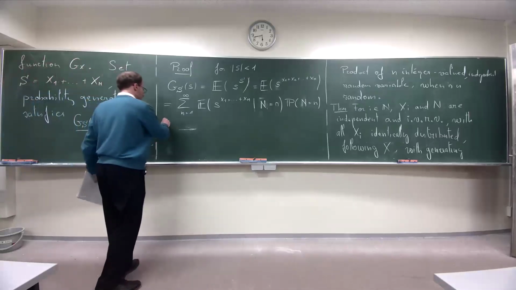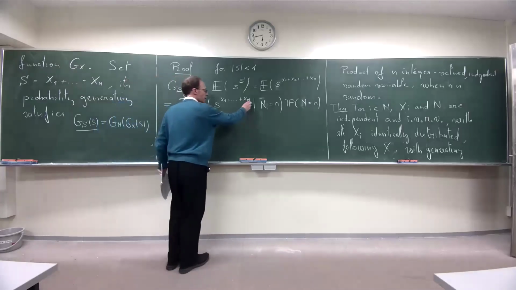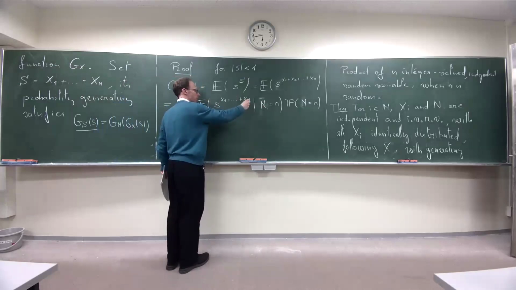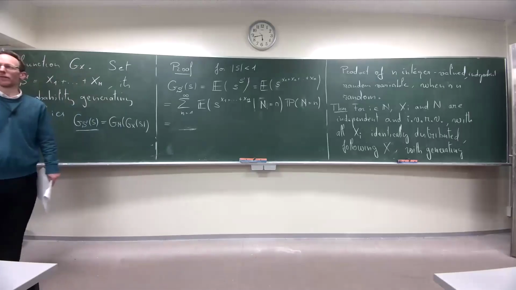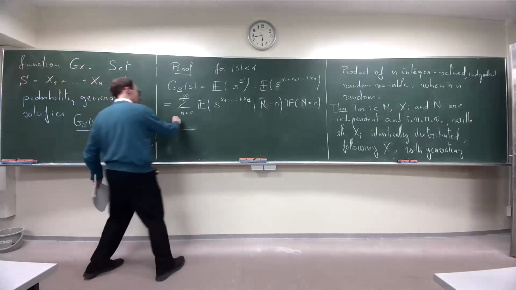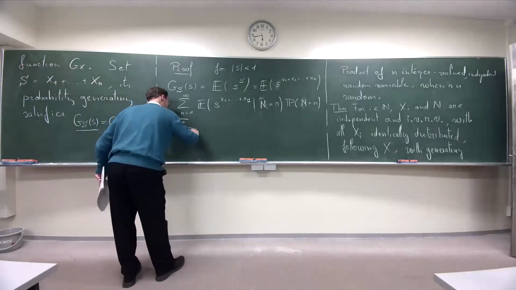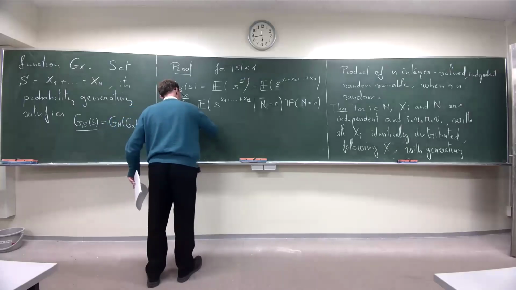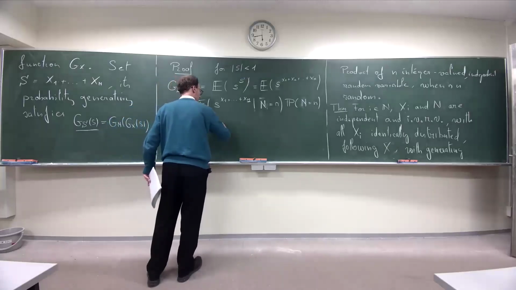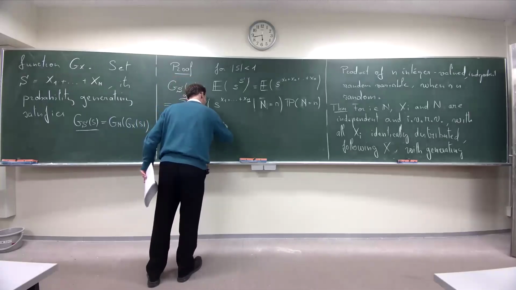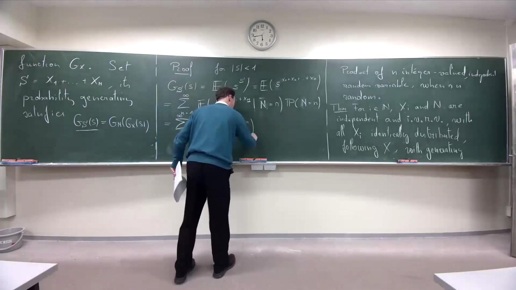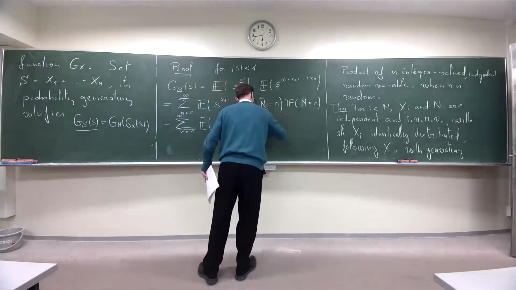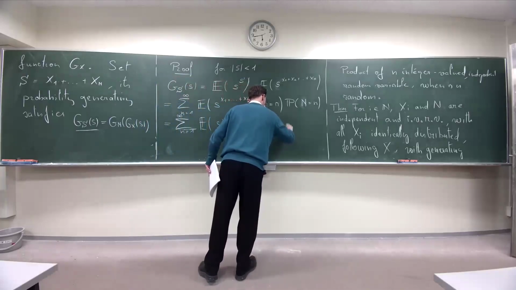And now, with this formula, I can simplify because inside this expression, I know that capital N takes a value small n. So I can write this as a sum from n equals 1 up to infinity of this conditional expectation of s^(X1 + ... + Xn), for a finite n, times the probability that N takes the value n.